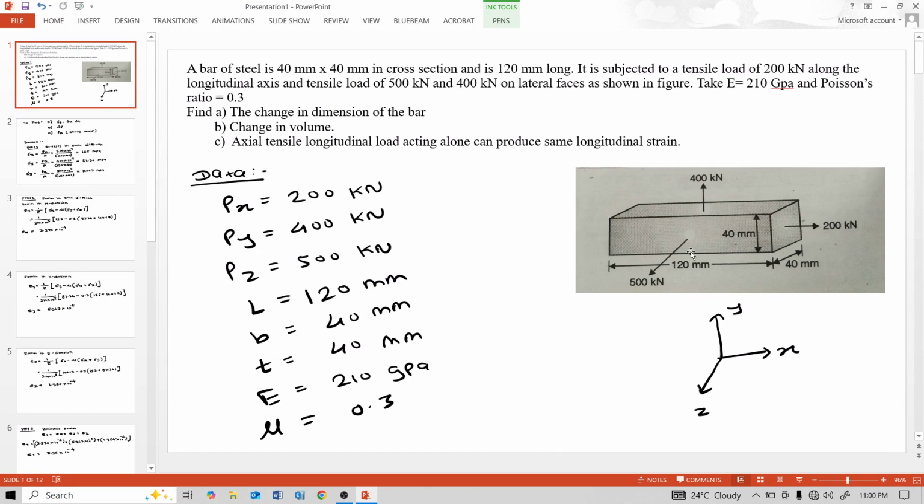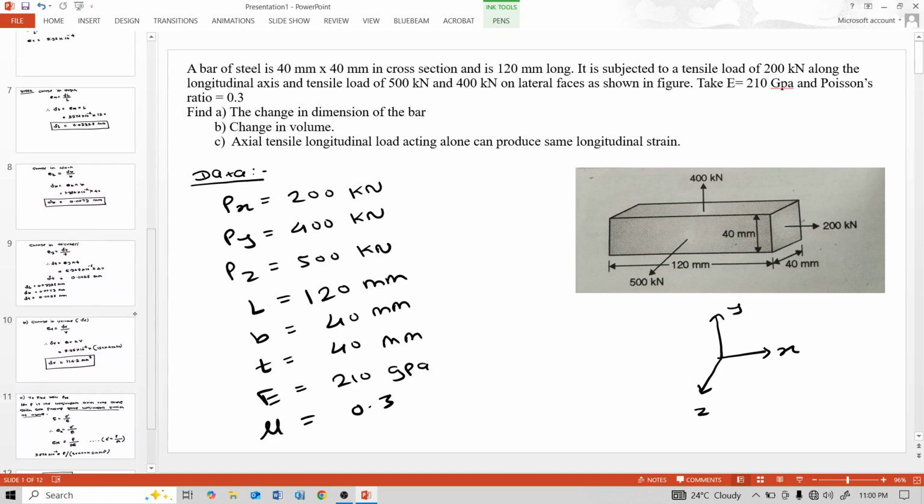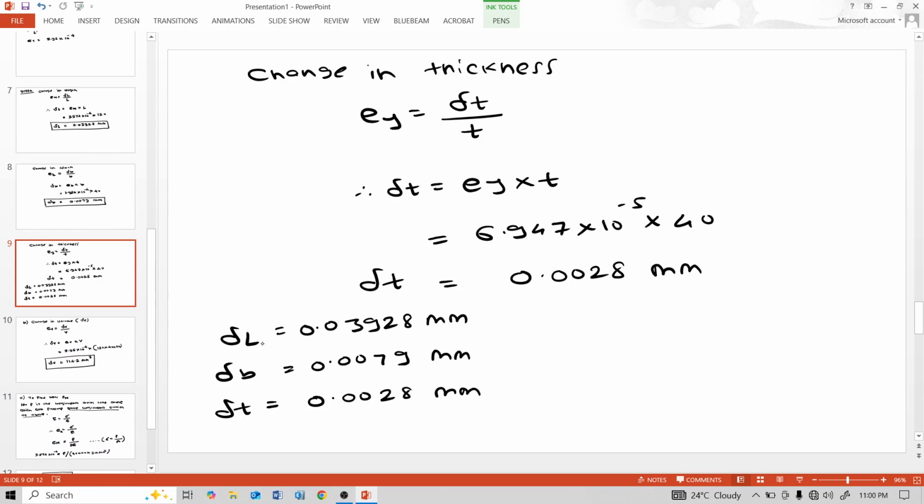Steel rectangular bar of length 120 mm, thickness 40 mm and width 40 mm. Longitudinal load along x direction is 200 kilonewton and lateral loads along y direction and z direction are 400 kilonewton and 500 kilonewton respectively. We have to find change in dimension of this bar. Change in dimension means change in length, change in width, and change in thickness.